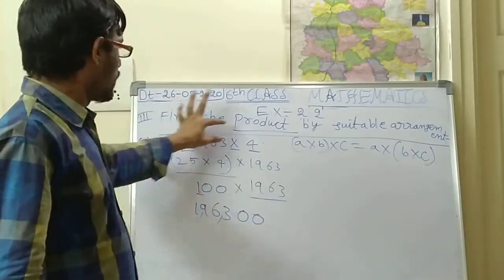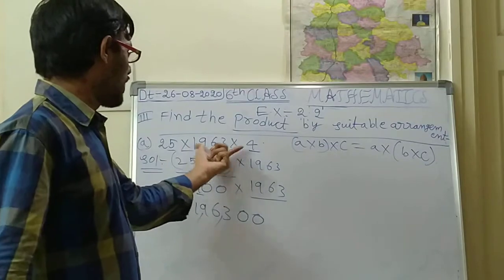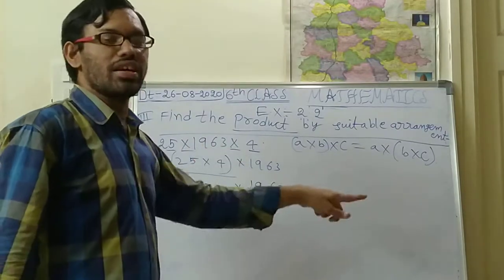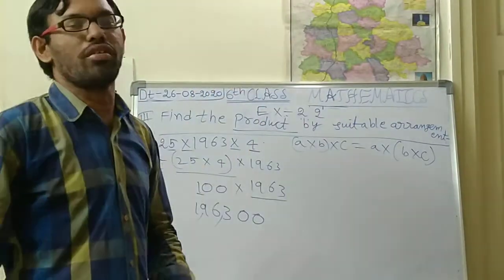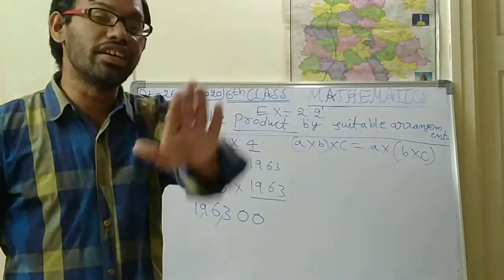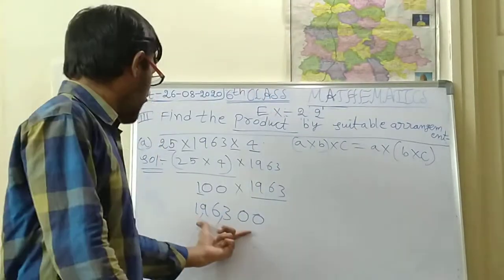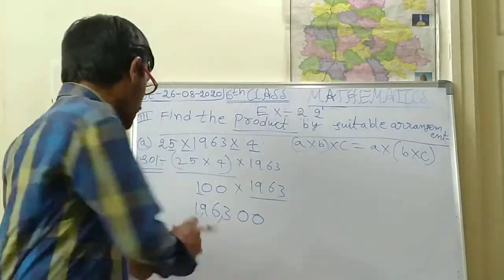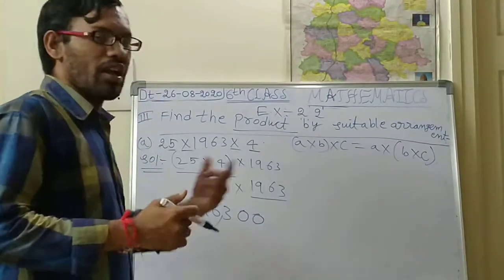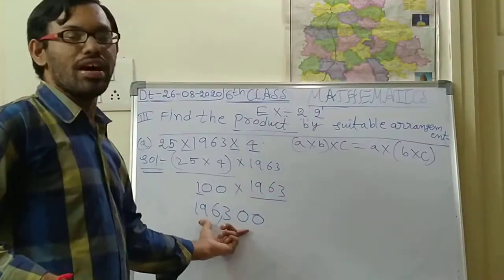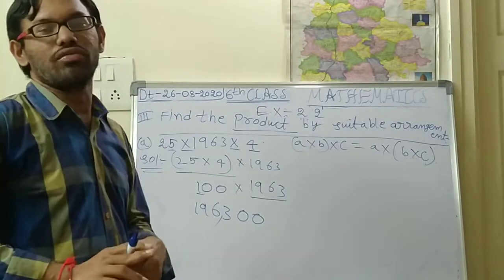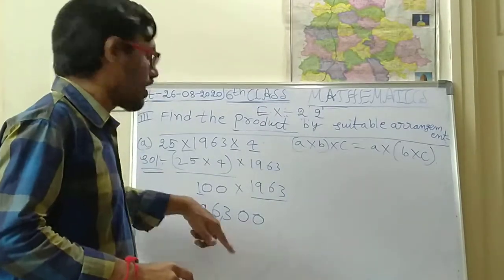For this type of answers, he will give one more question: find the product by suitable arrangement and write the answer in the international system of numeration or in the Indian system of numeration. Suppose here 6 digits have come. For this type of answer, he will ask to write the answer in the international system of numeration. That means you should compulsorily place the commas.